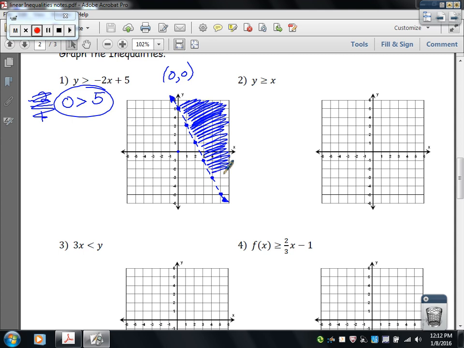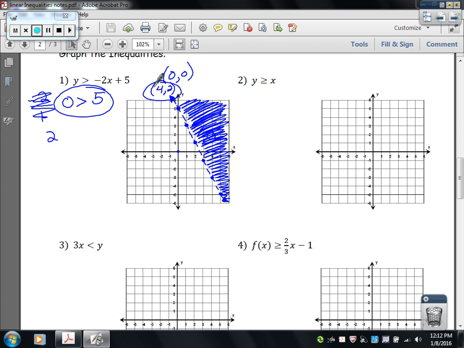Listen guys, if I plugged in any of these points in this shaded region into this inequality, guess what would happen? It would work. Let's pick a point. Let's go 4, 2. This point right here. See 4, 2? I'm going to plug in that ordered pair. Watch what happens. What am I plugging in for y? 2.